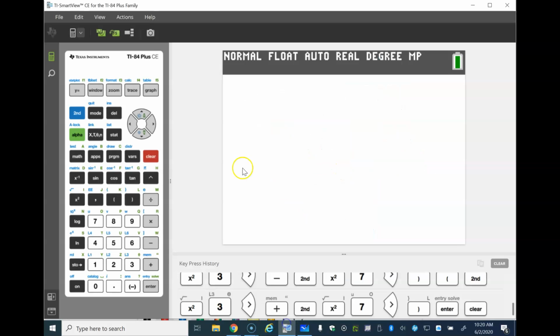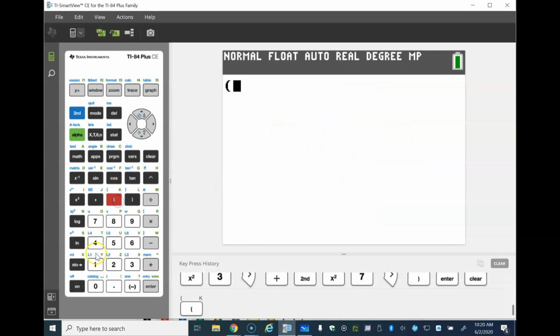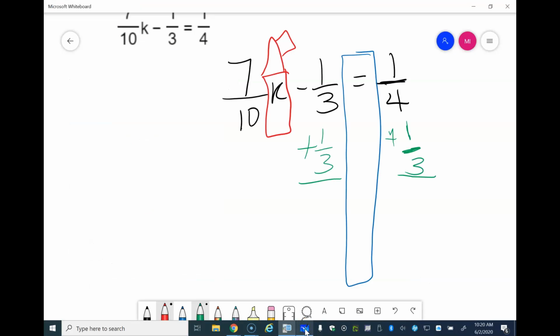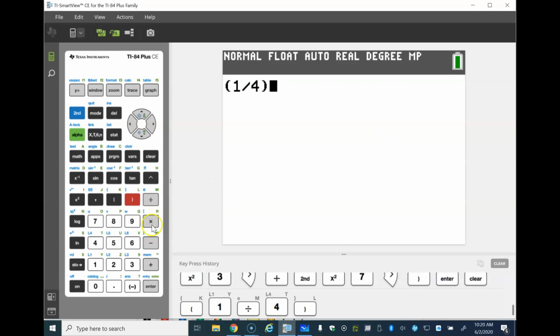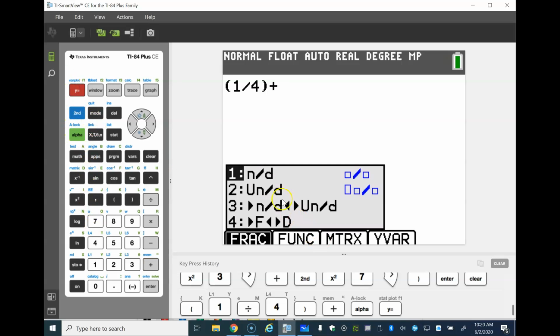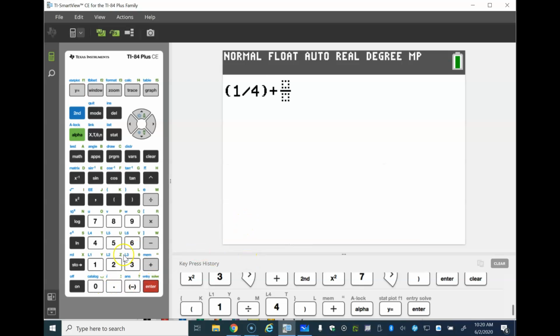So we just come over to our calculator, use parentheses if you need to, for the ones that have older calculators. The ones that have newer calculators, you can just click on the fraction, and then just type in the 1/3.